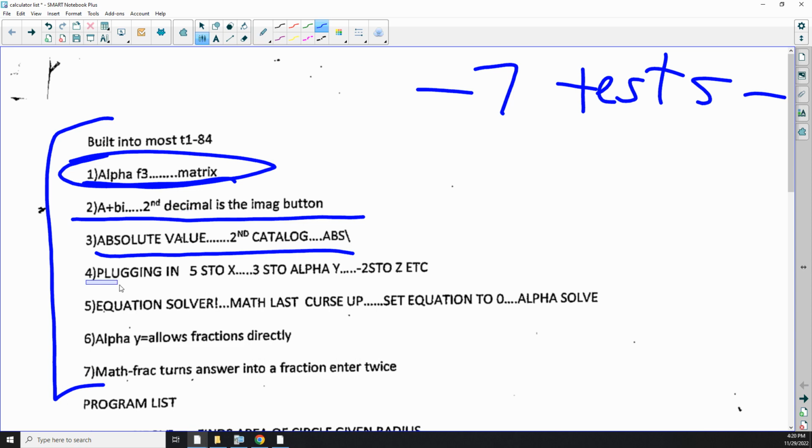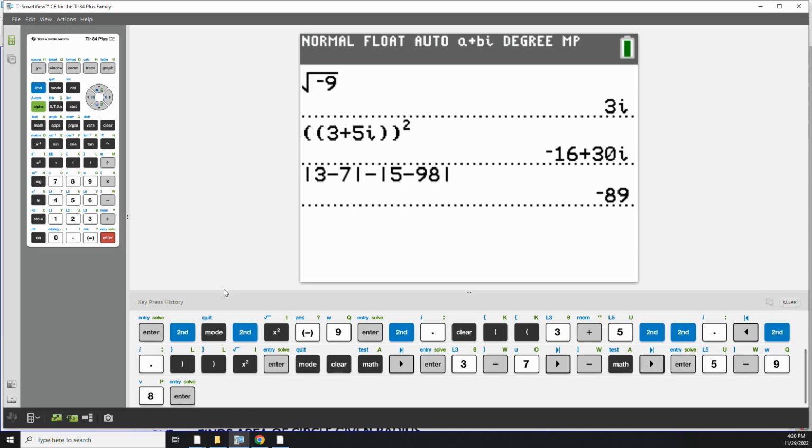Oh, you're going to love this one. Did you know that the calculator plugs in or stores? What's your favorite number? 25. What's your favorite letter?